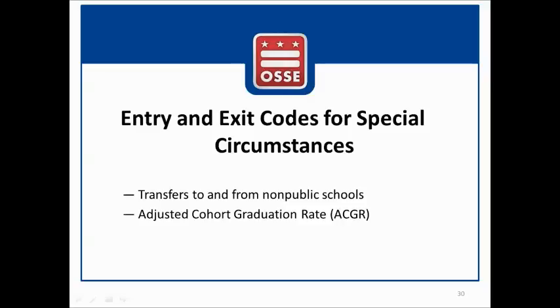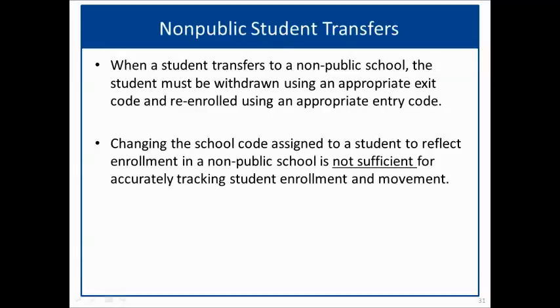So now we'll transition to entry and exit codes as they concern transfers to and from non-public schools, and also the adjusted cohort graduation rate. Non-public students involve when a student maybe has been placed at a non-public school or a school that is not a part of the DC public education system.